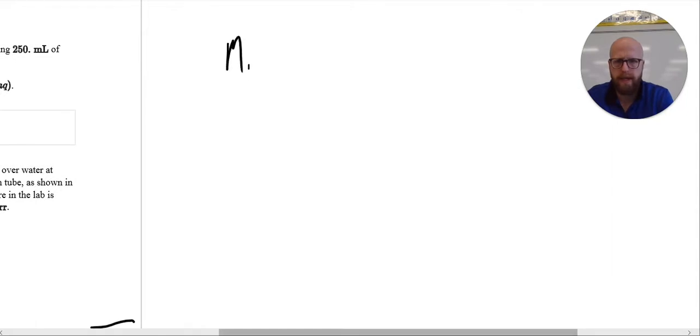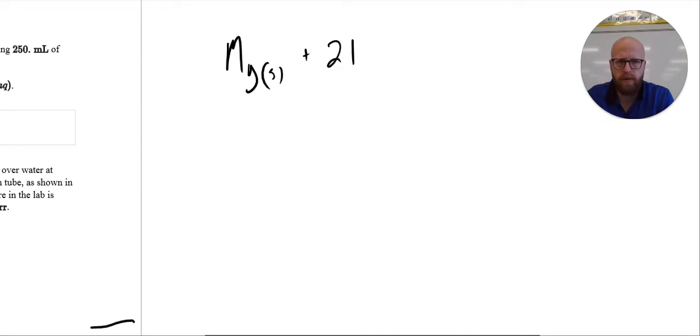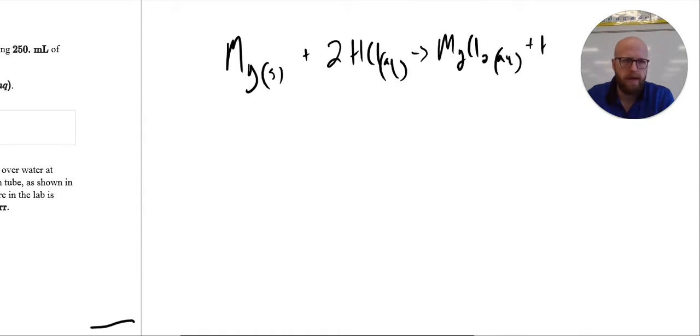We have magnesium solid plus 2 hydrochloric acid aqueous going to magnesium chloride aqueous plus hydrogen gas. This is kind of a review from last year.